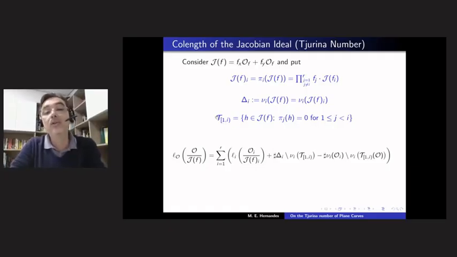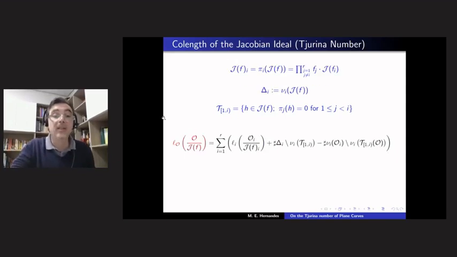So using the previous theorem and this notation, we can express the codimension of the extended Jacobian ideal also as a sum of the codimension of OI and JFi, the projection of the Jacobian ideal, plus a cardinality of this set minus the cardinality of the value set of the local ring of each branch and the T interval associated to the local ring.